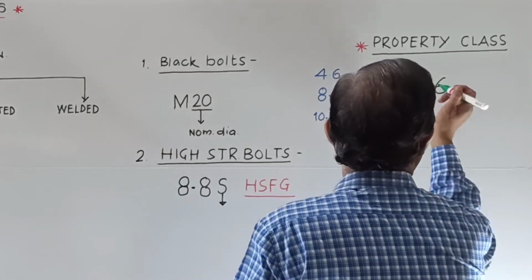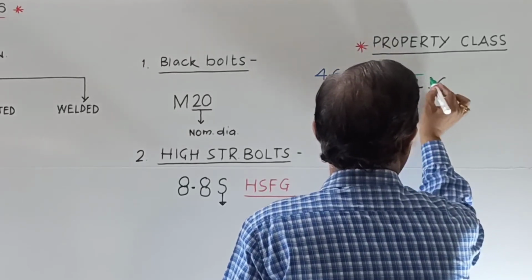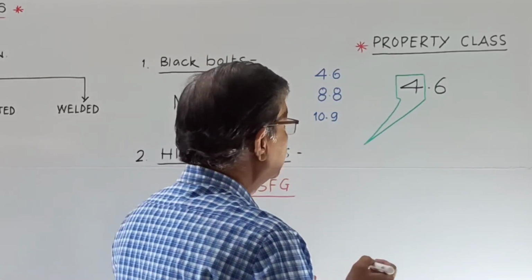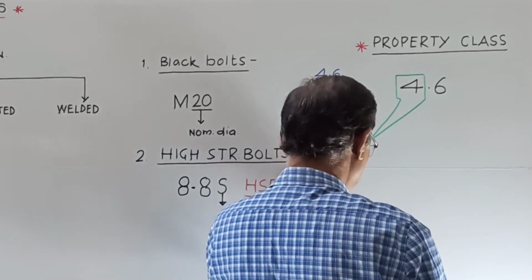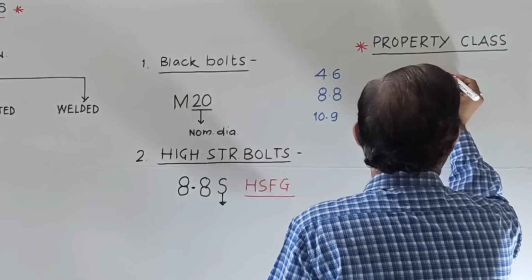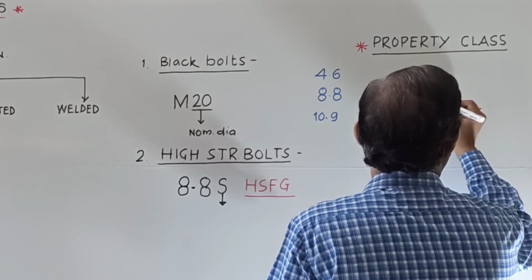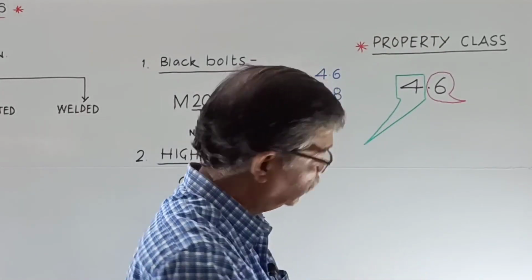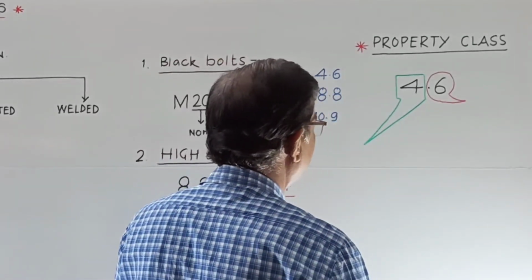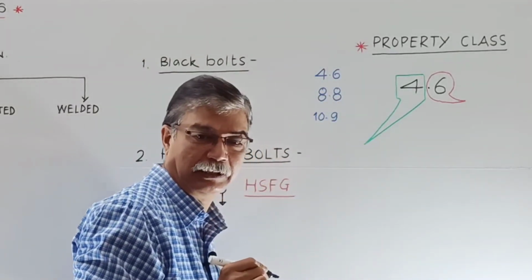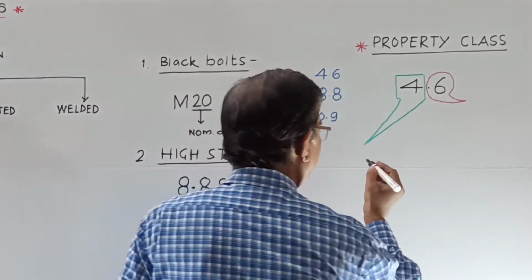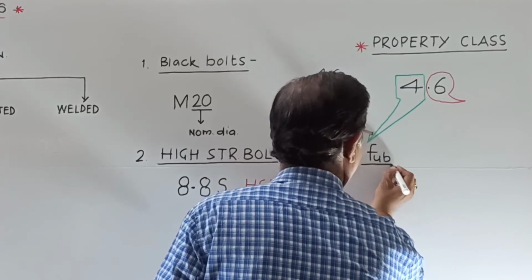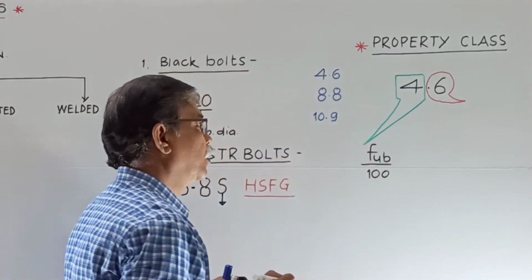This first figure 4 indicates 1/100th of the ultimate tensile strength of the bolt, that is FUB upon 100, in Newton per mm square.